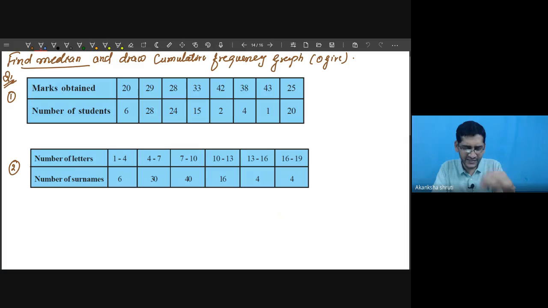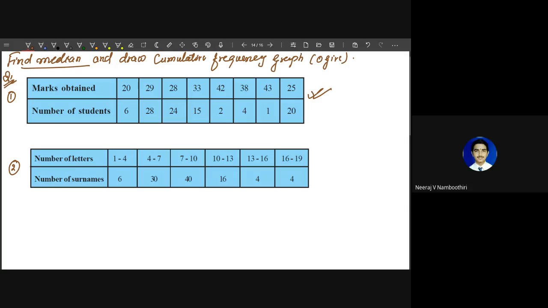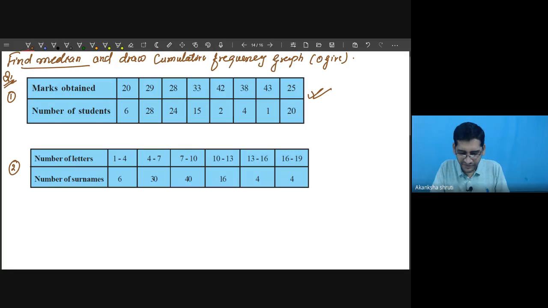In the first case, can any student tell me, I'm talking about the first table, whether the data given is grouped data or ungrouped data? Yes, student? Grouped, okay. Any other student can tell me whether this first one is grouped data or ungrouped data?